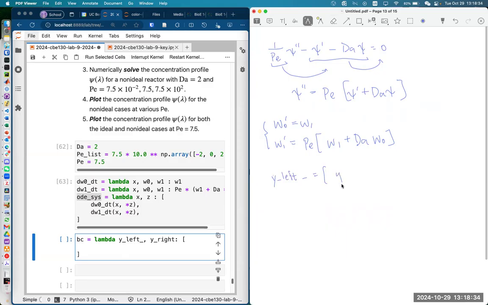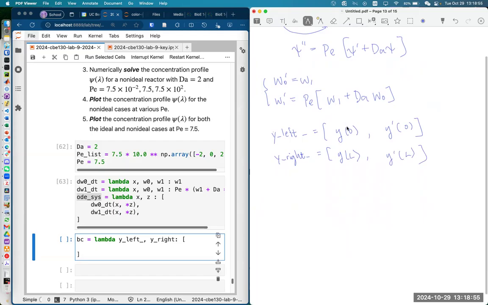The first component is the original function at 0, the left condition, and the second element is the first derivative at the left condition. Y right has the original function at the right and the first derivative at the right.